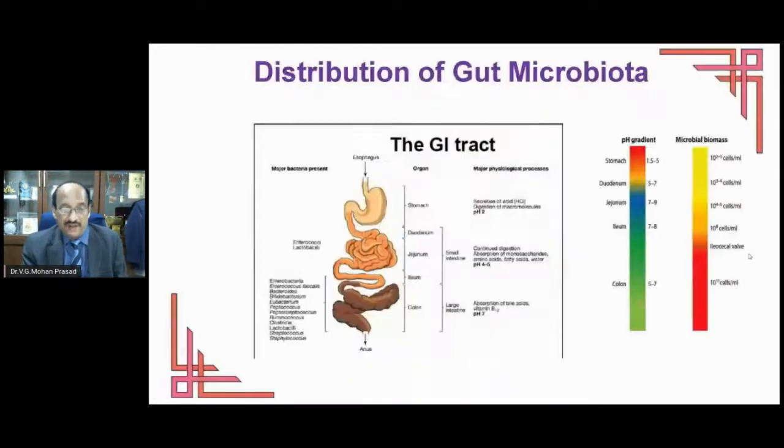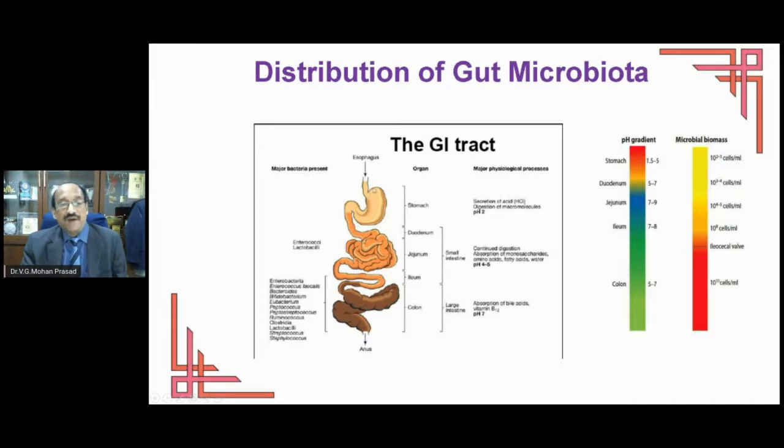So what about the distribution of gut microbiota? In the stomach, because of the acidity, the microbiome is very less. Whereas as you move down, slowly it starts increasing. The organisms that can lurk in the distal duodenum or jejunum could be enterococci and lactobacilli. Whereas if you go deep into the ileum and towards the large intestine, you get all other bacteria.